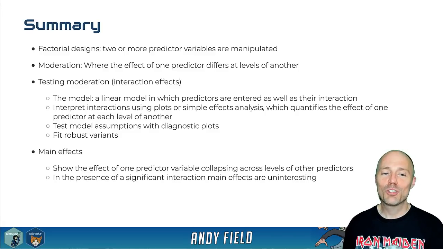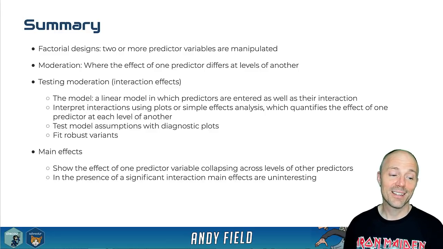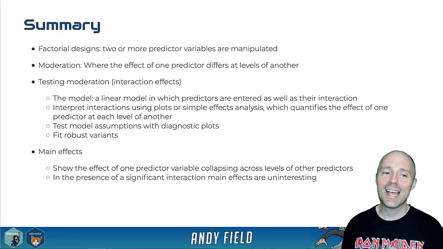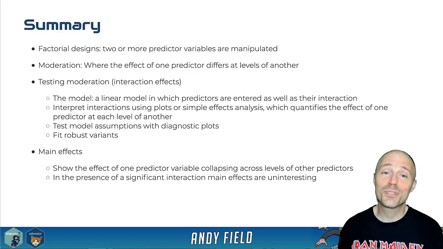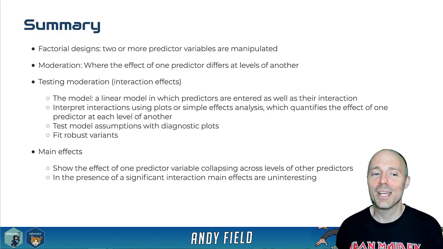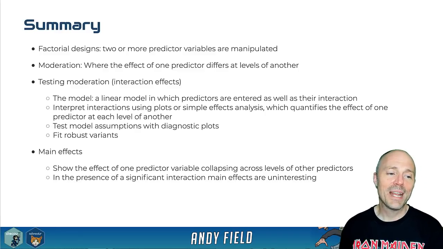We interpret interactions using plots or simple effects analysis, or indeed attempt to interpret the parameter, if you're brave. What these will do is quantify the effect of one predictor at each level of the other. We can test model assumptions in the usual way with diagnostic plots because we're just fitting a linear model, so nothing's changed there, and we can fit robust variance if we need to in the same way because we're just fitting a linear model.